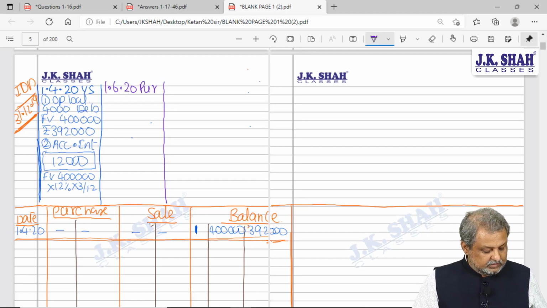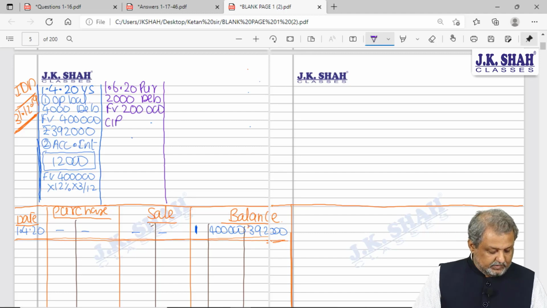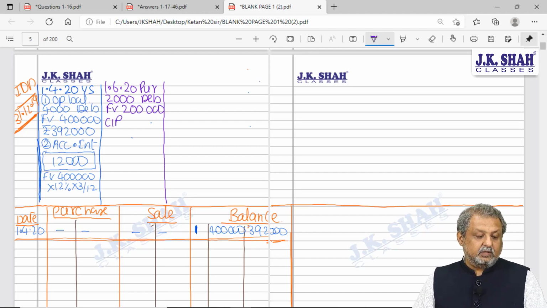How many debentures? 2000 debentures. Face value will be 2 lakhs. It is a cum interest price, 120 cum interest. 2000 into 120, 2,40,000.